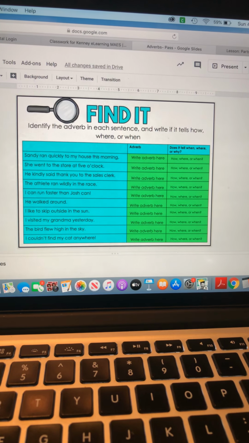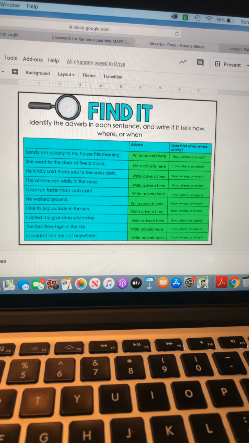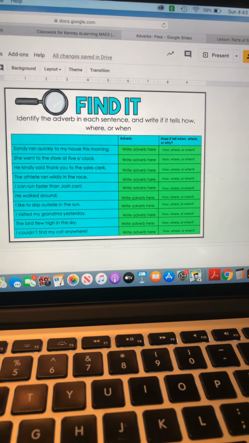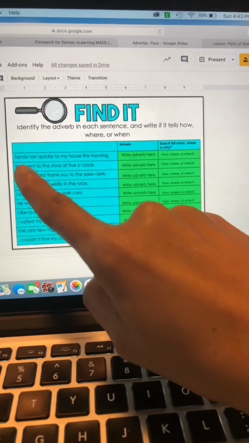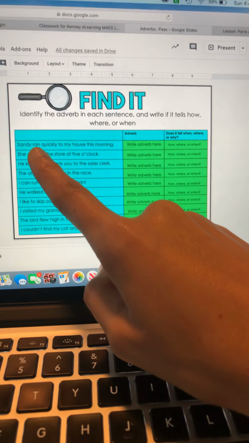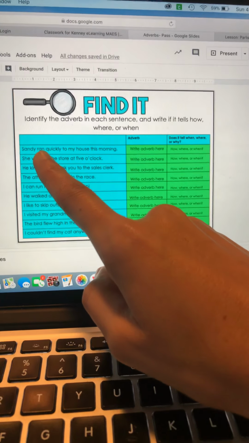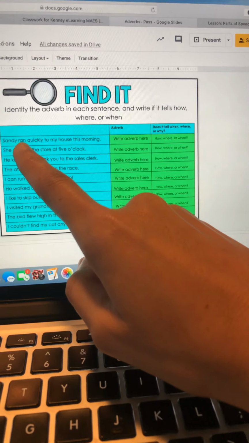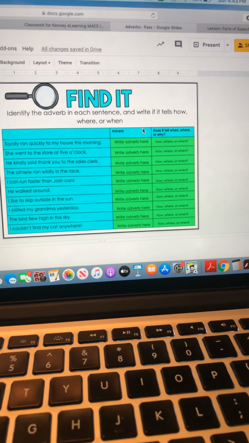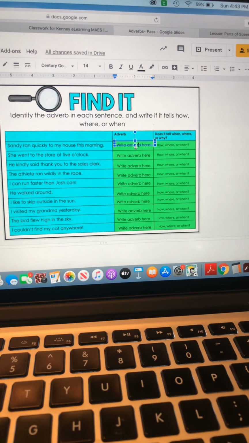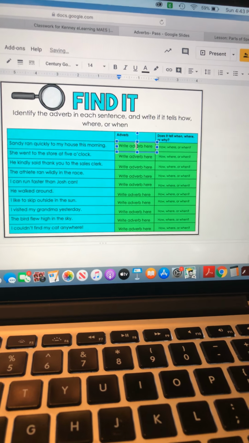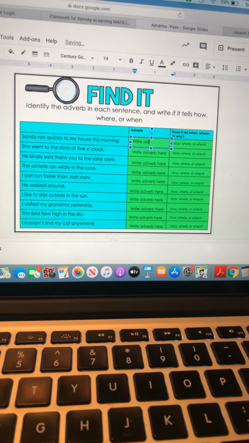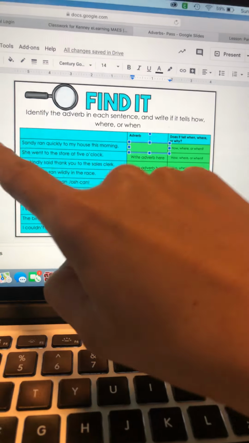All right, so what I like to do is identify the verb first, and that helps me be able to identify the adverb. So I know the verb in this sentence is ran. That is the action that Sandy is doing, ran. Okay, so I'm going to type ran here, because I'm going to type the adverb here.